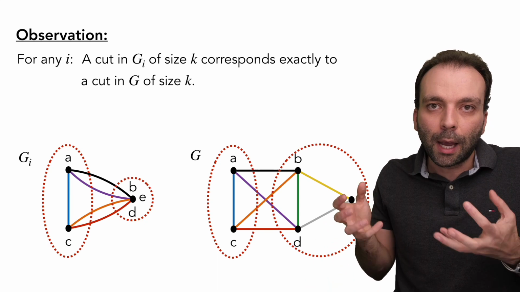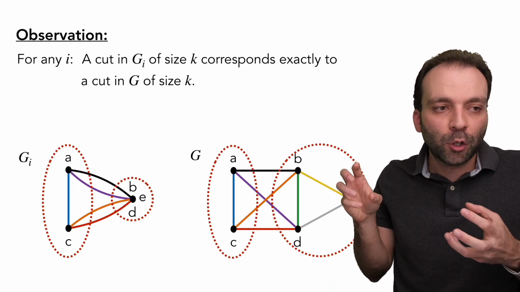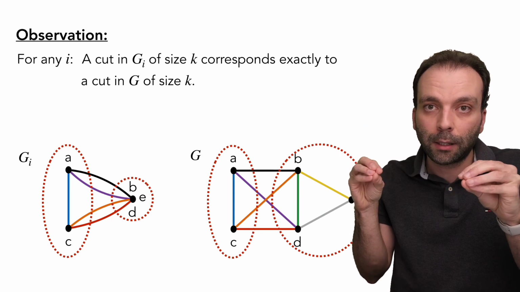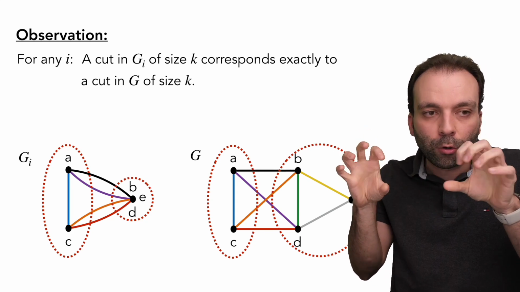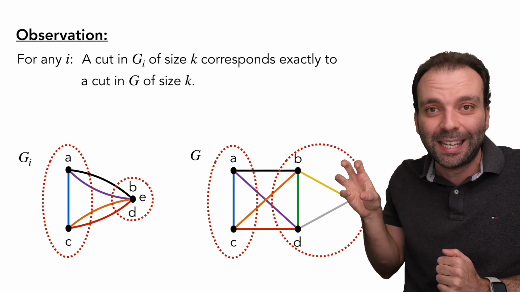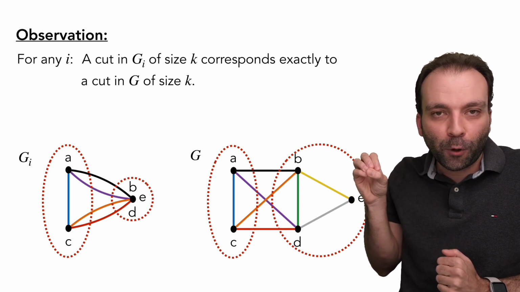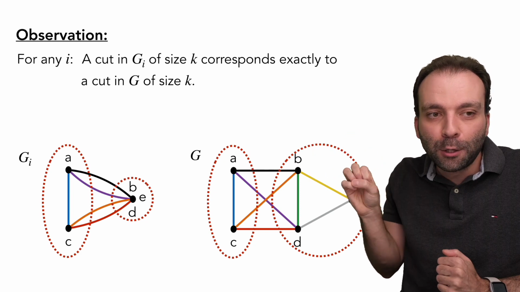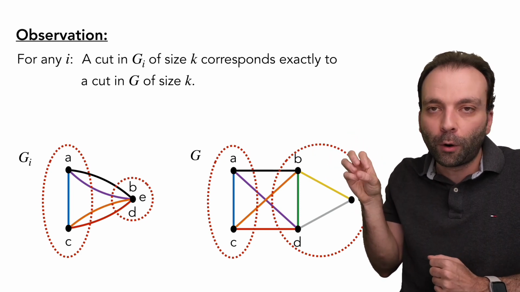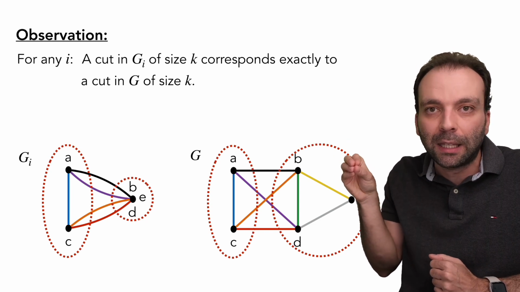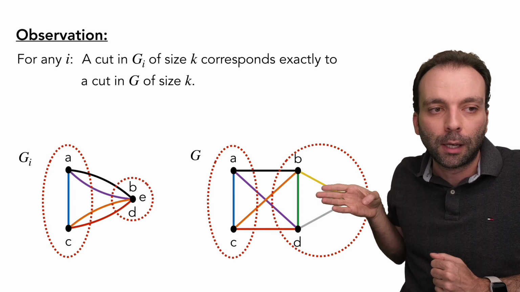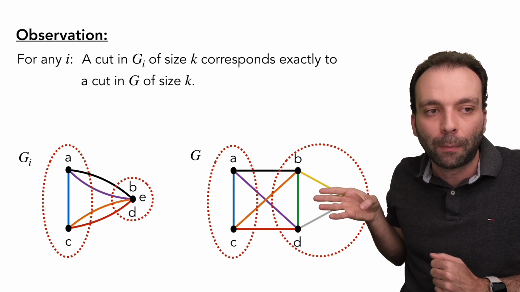A nice way to see this is that if you imagine taking these vertices that were contracted, merged, and uncontract them. So in this case, for example, B, E, and D are merged together. If you imagine uncontracting them, undoing what the algorithm has done, then those edges between B, E, and D are going to appear again, but they were not part of the cut anyway, so they don't really matter.